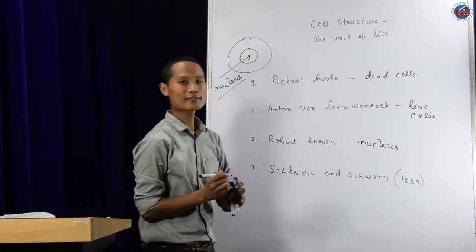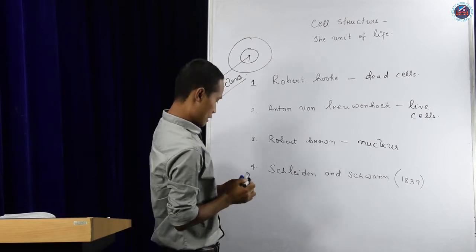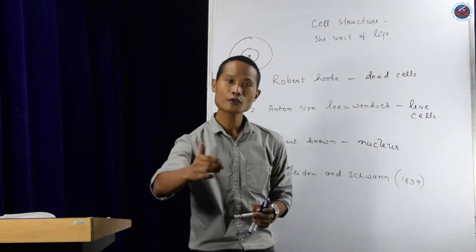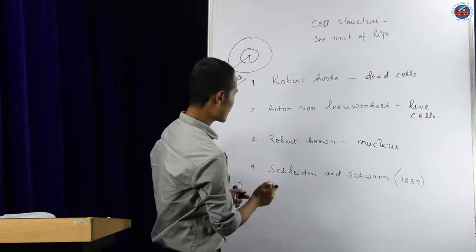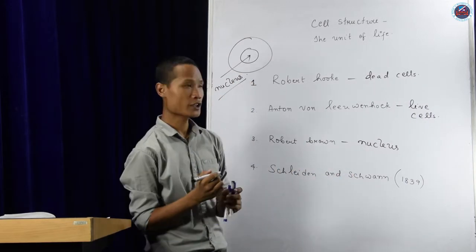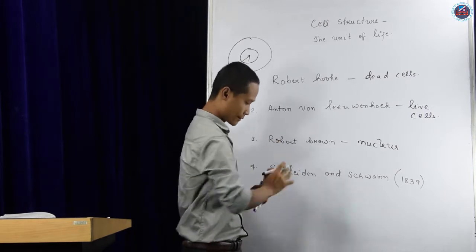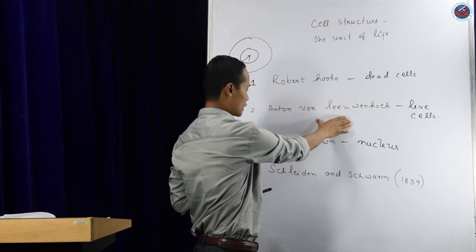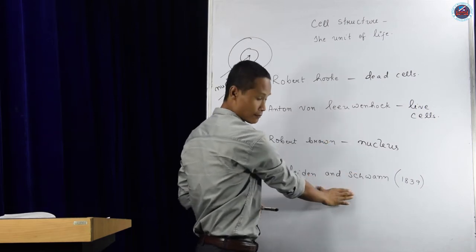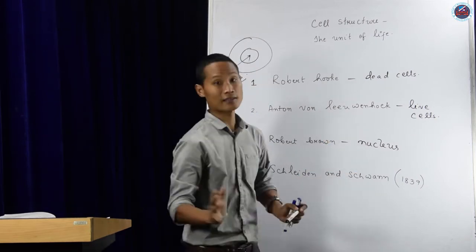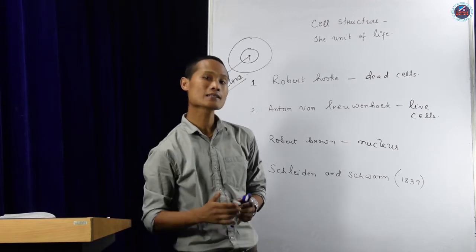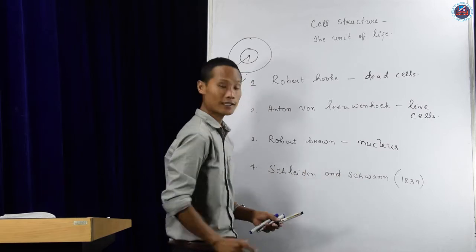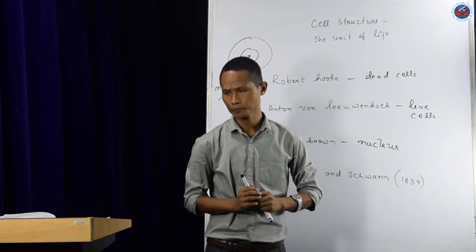Then later on, a new theory, a cell theory, was forwarded by Schleiden and Schwann in 1839, building on Robert Hooke, Anton von Leeuwenhoek, and Robert Brown.